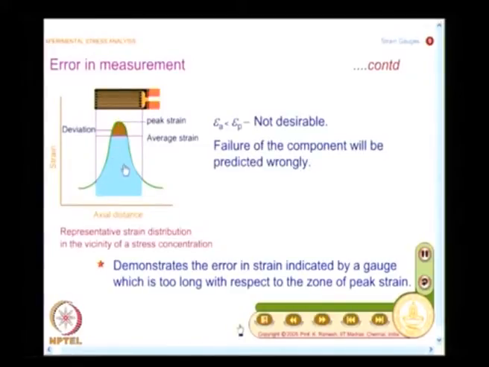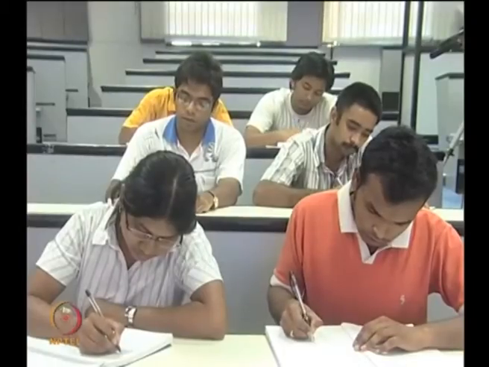So, when you have a stress concentration zone, failure of the component will be predicted wrongly if you have a longer gauge length. Suppose I take a small gauge length which is only of this length, then I would measure the peak strain reasonably well. So, you understand why gauge length selection is important.